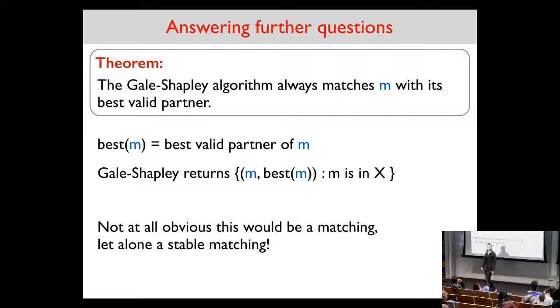Why wouldn't two men have the same best valid partner? So a priori, you could say they could have the same best valid partner. And if that's the case, this wouldn't even be a matching. But basically this theorem is telling us that not only is it a matching, it's a stable matching. So that's quite surprising and interesting.